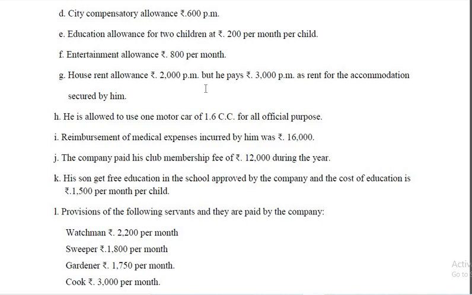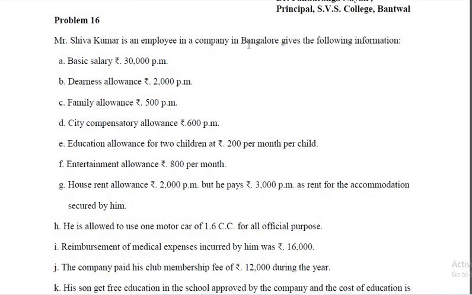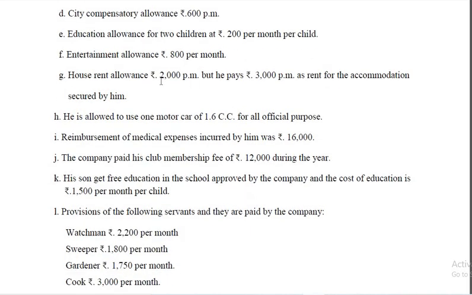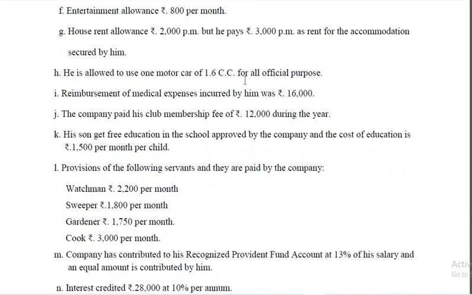Third one, 40% of salary. Here the employee works in Bangalore. Only if the employee works in one of the metropolitan cities, 40% should be taken, otherwise 50%. So here only 40% should be taken.